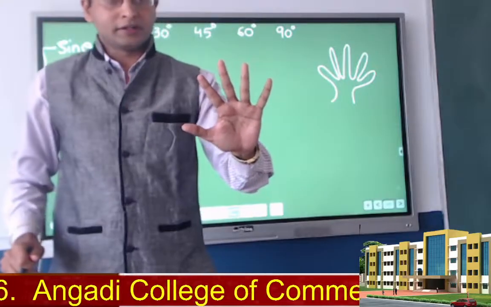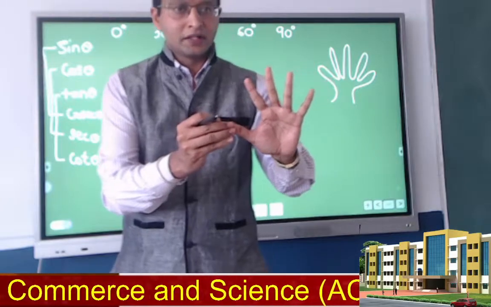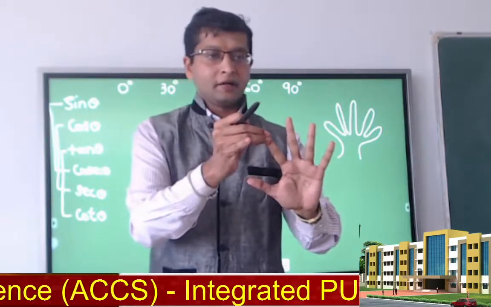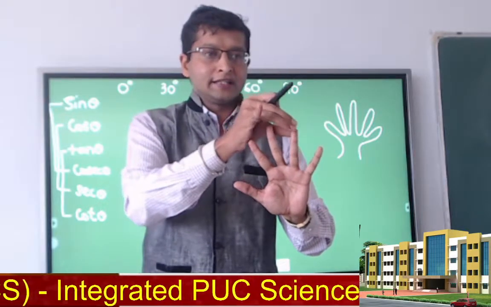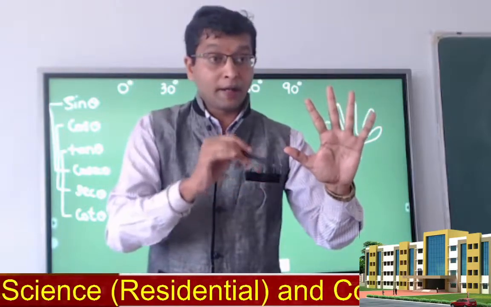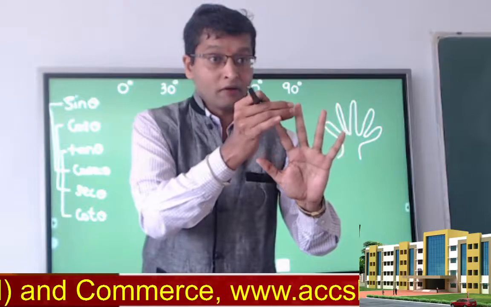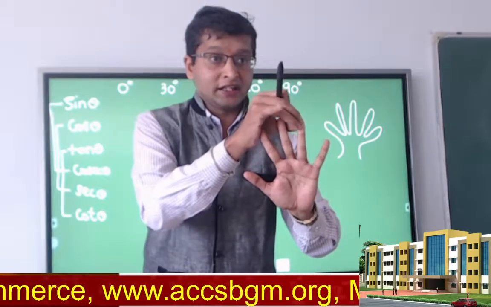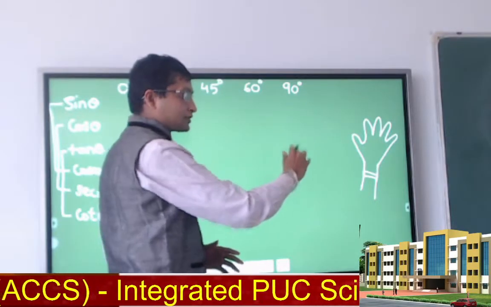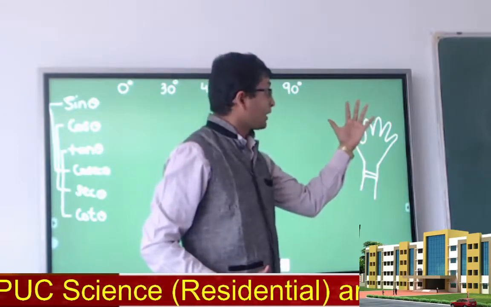Now, dear students, I will tell you, we have to represent this as 0 degree. This is 30 degree, 45 degree, 60 degree and 90 degree. Just draw it on a paper and represent 0 degree, 30 degree, 45 degree, 60 degree and 90 degree. Dear students, now I represent these values on my palm.